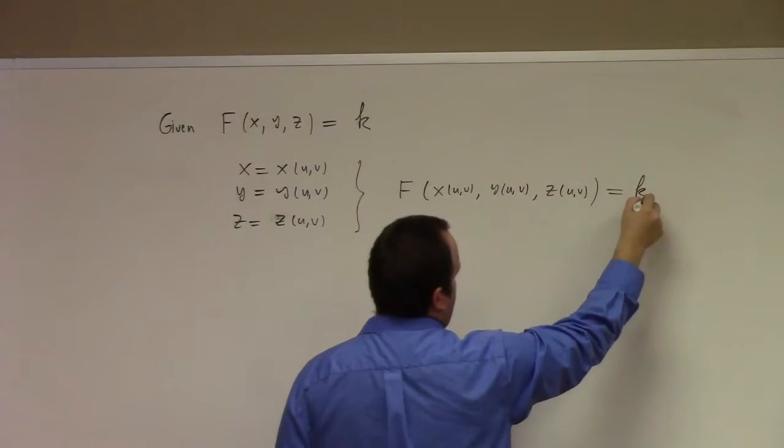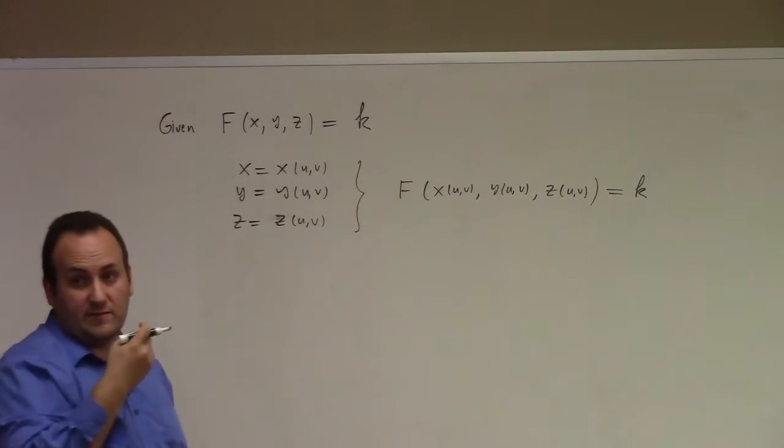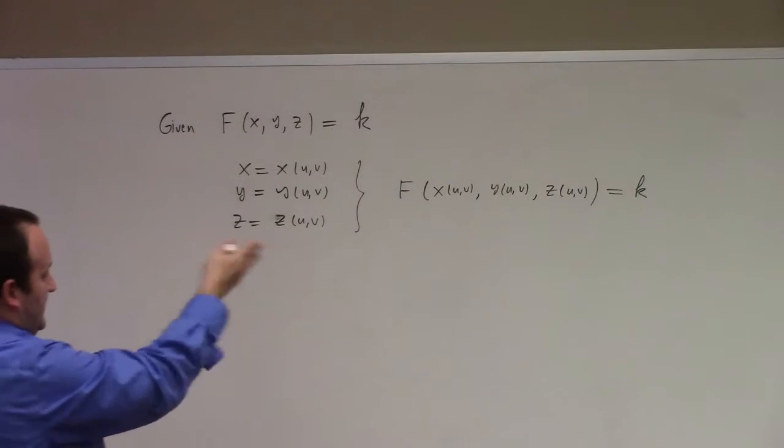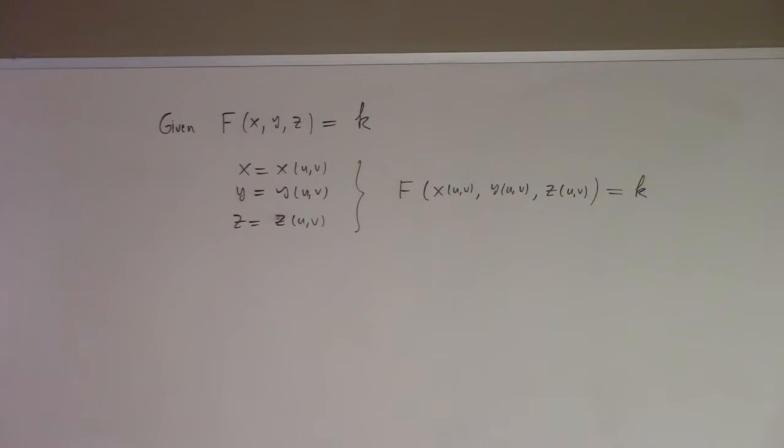You get the constant, whatever it is, right? So generically speaking, that's what you're trying to do. You're trying to find formulas in terms of the parameters such that it satisfies the defining condition for your surface.